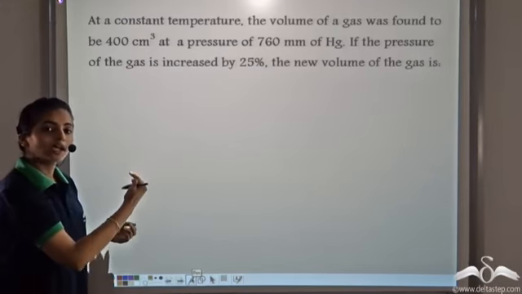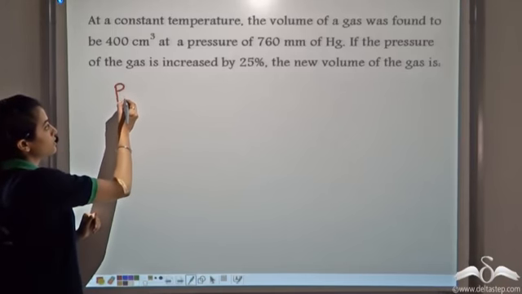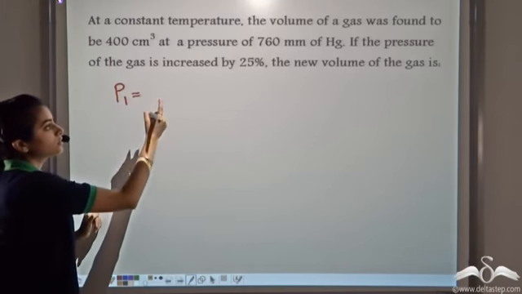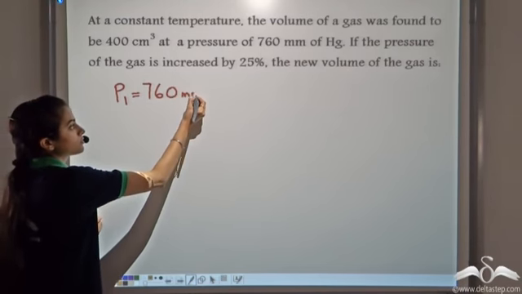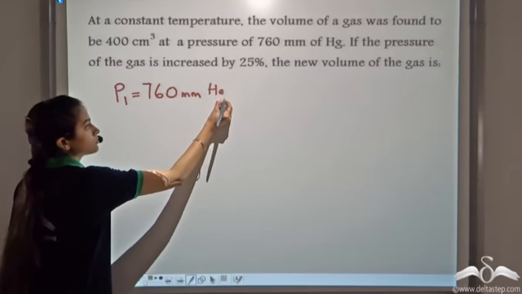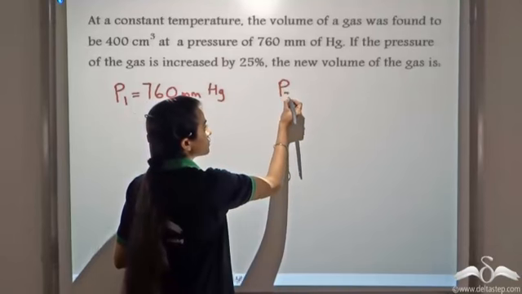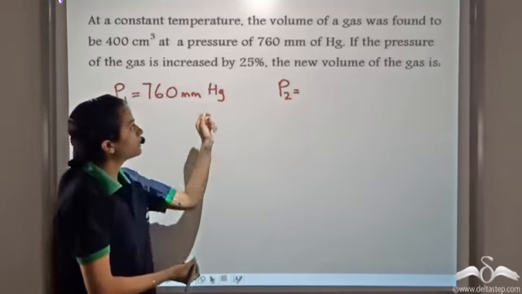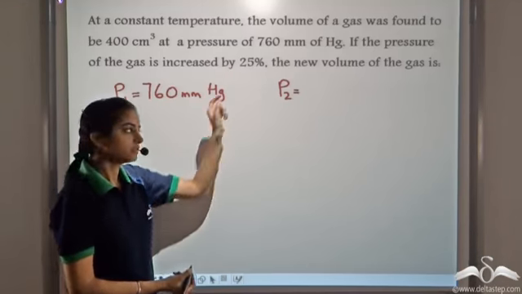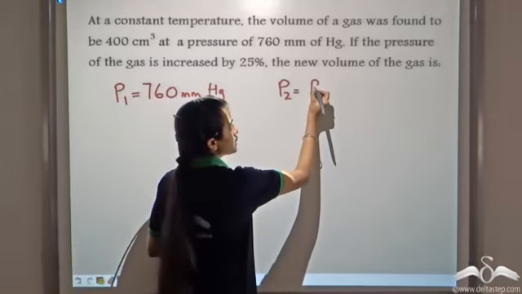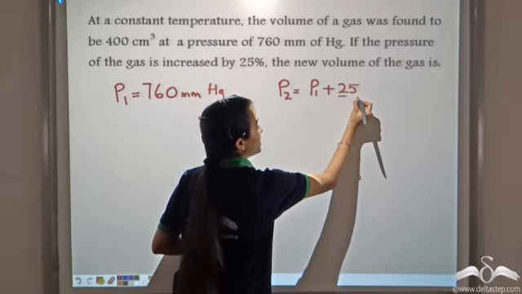Okay, now let's write down the data that we are provided. So we have the initial pressure, which is 760 millimeters of mercury. And the final pressure, we know that the pressure is increased by 25%. This means that if this is the initial pressure, we increase the pressure by 25%.